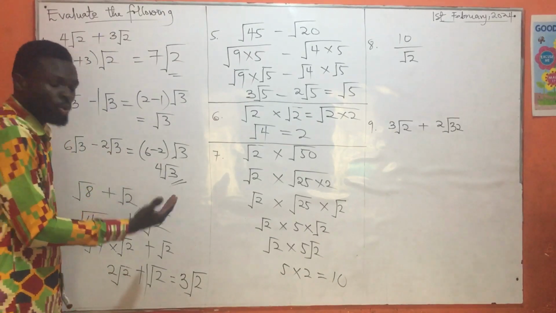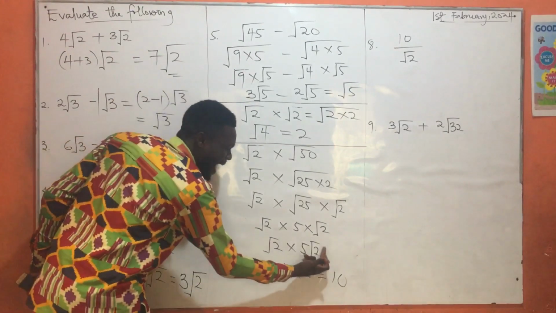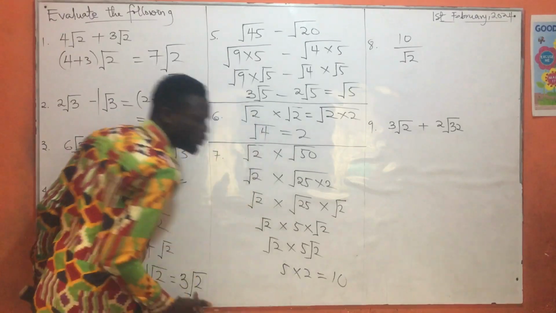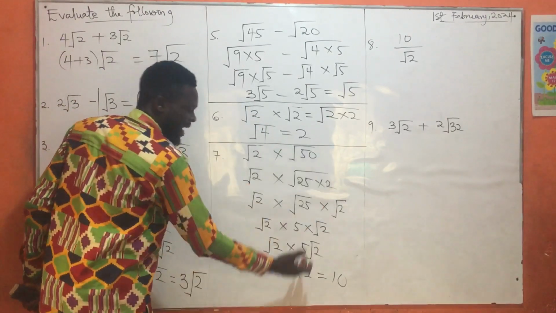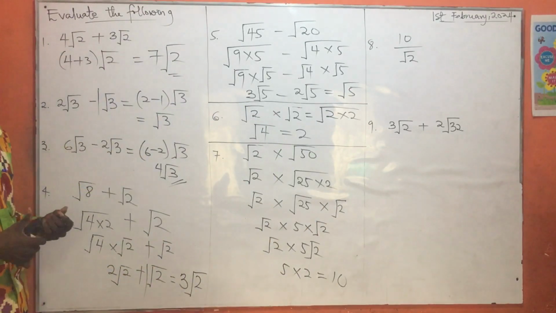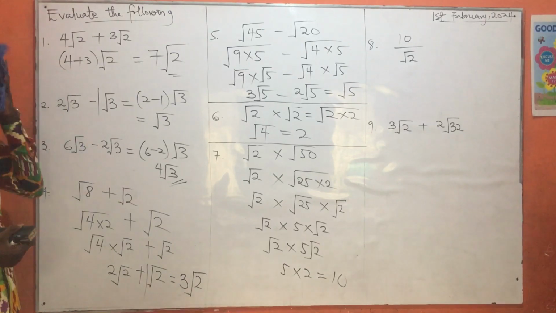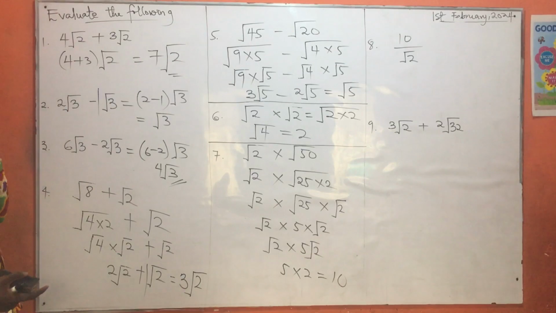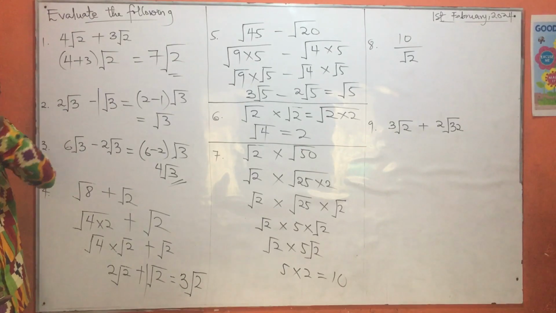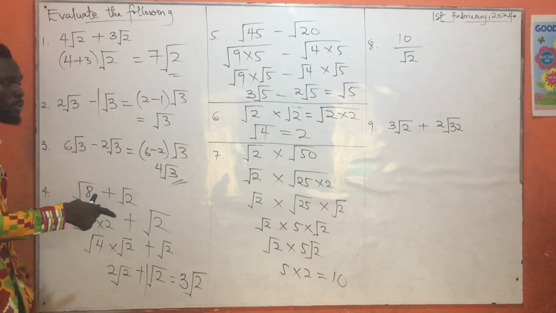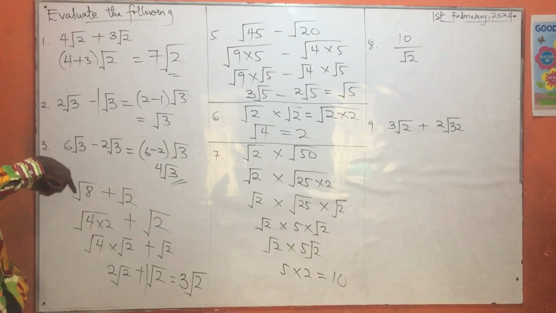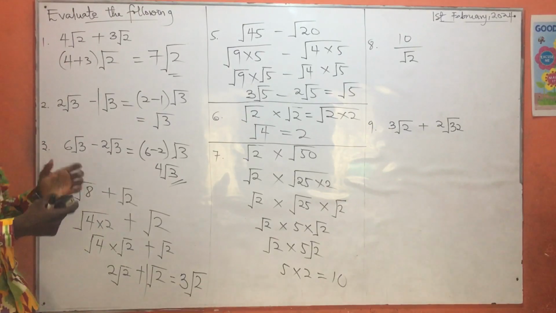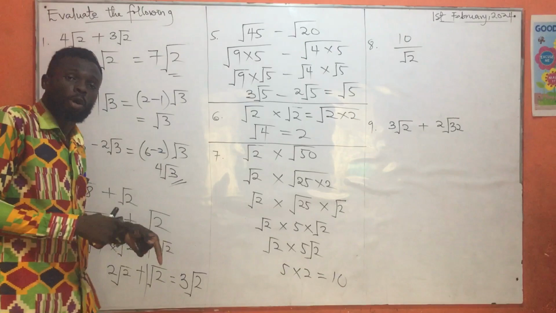Why is it 2? When surd 2 multiplies surd 2, you are getting 2, which was explained here. Even the rules of surds make us understand that when you have something like that, they multiply out. Also, when it comes to multiplication, the coefficient also multiplies.